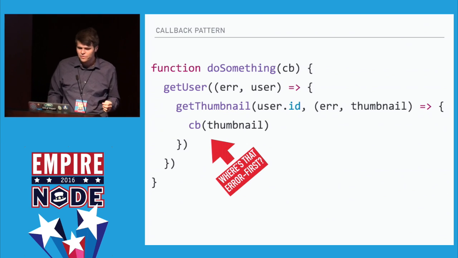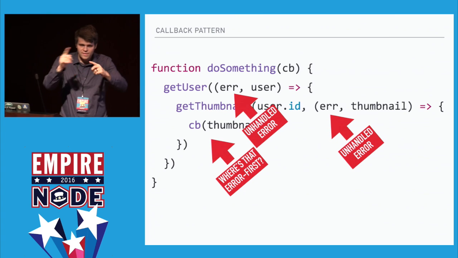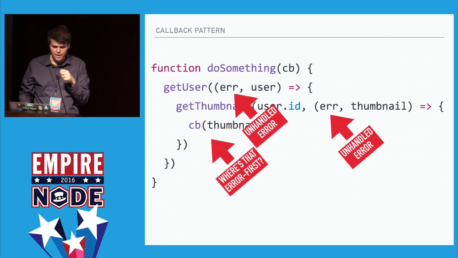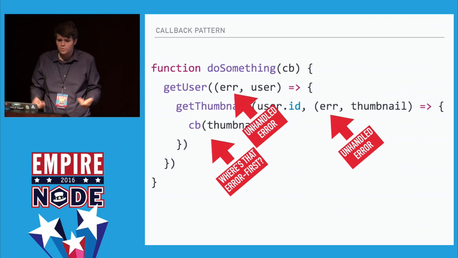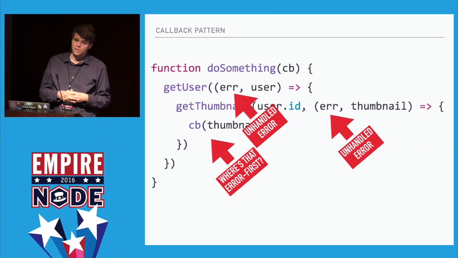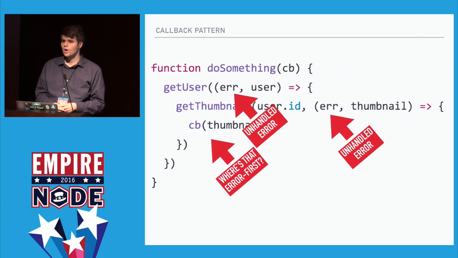The second thing is that we forgot to handle the errors. The thing about callbacks is you always have to manually pipe up those errors all the time. If you forget to pipe up the errors, if something goes wrong, it'll just blow up, and once again, you'll have no idea where it went wrong and you'll lose a lot of context about the problem.